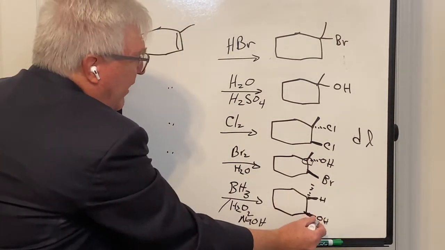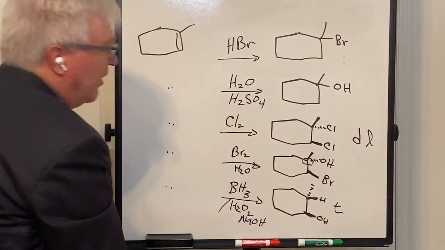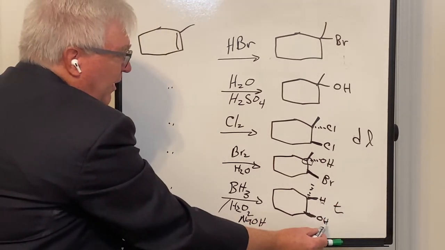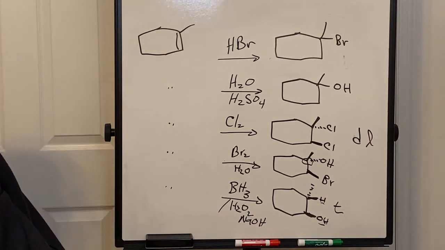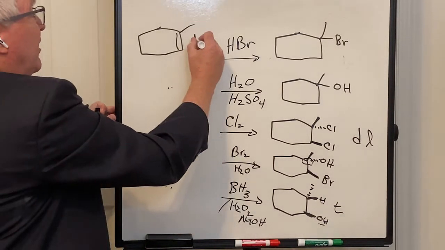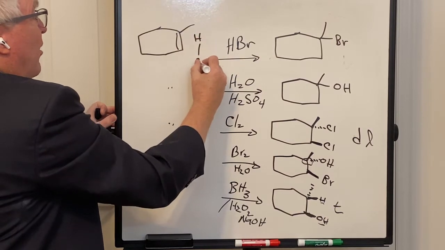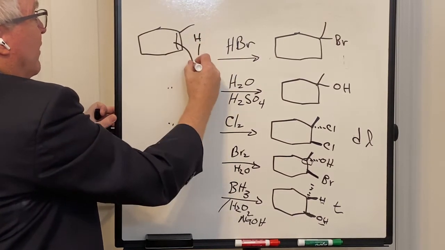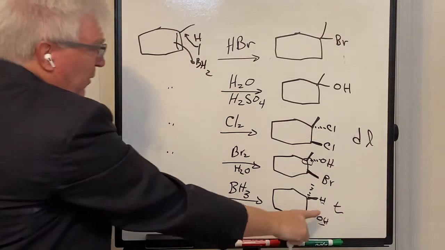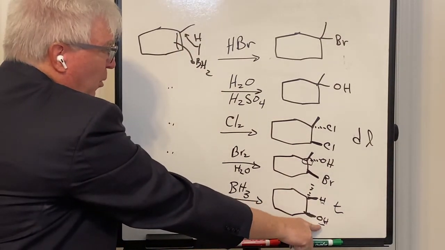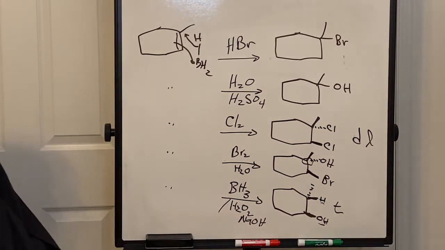Notice the methyl and the alcohol are what? Trans to each other. And you see the hydrogen and the OH from the hydroboration are cis to each other. That's because of the syn addition here of the borane adding from the same face, okay? Which will give the hydrogen up and the borane up, which gets oxidized to that.